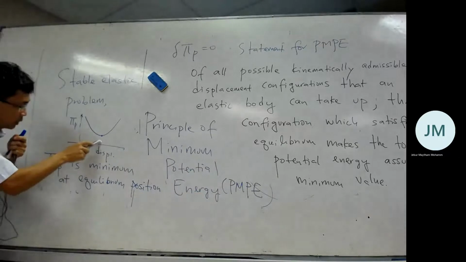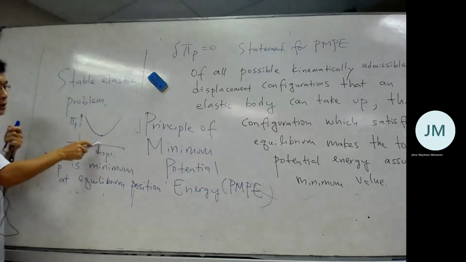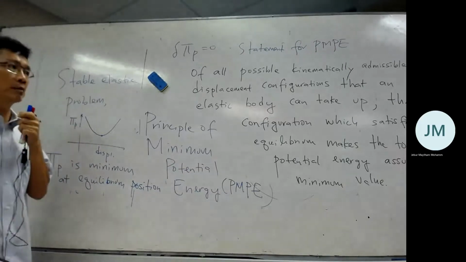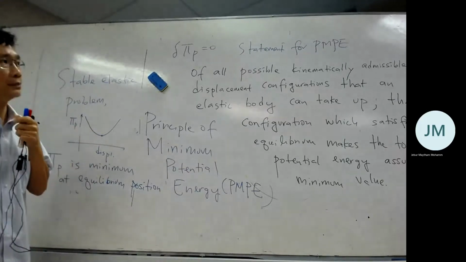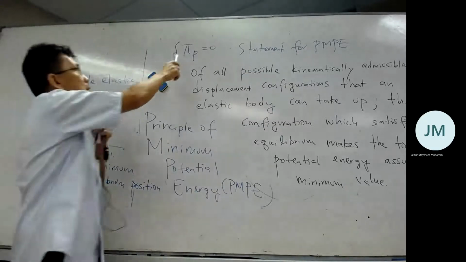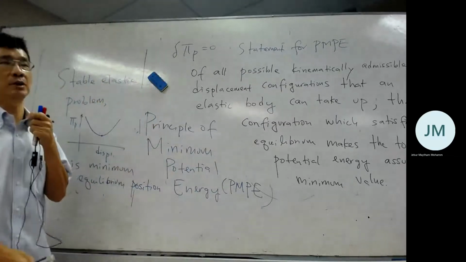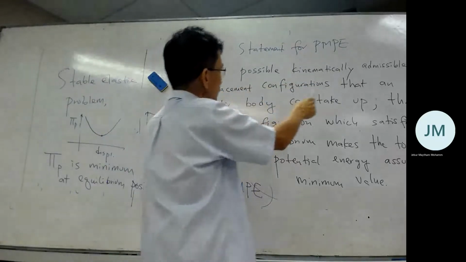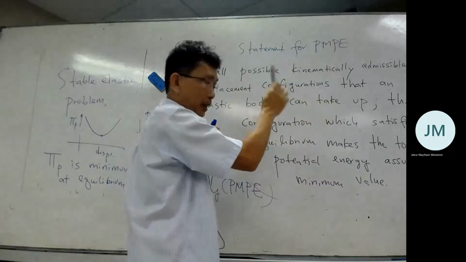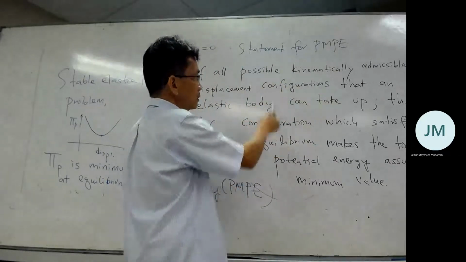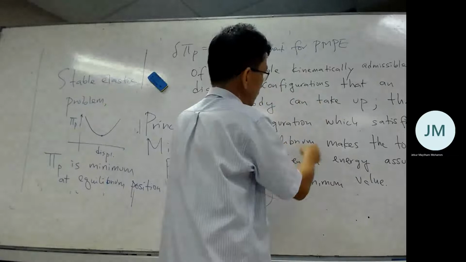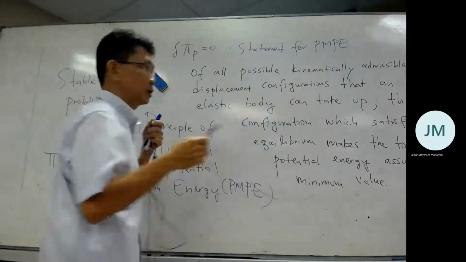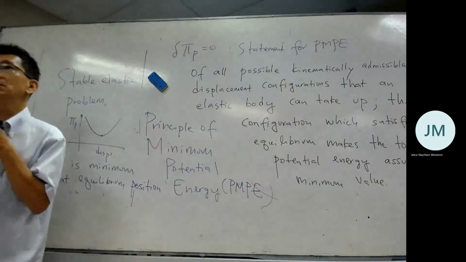Then the one which is going to satisfy equilibrium is the one that when you substitute into pi p, gives pi p a minimum value. So of all possible kinematically admissible displacement configurations that an elastic body can take up, the configuration out of many of these which satisfies equilibrium makes the total potential energy pi p assume a minimum value.